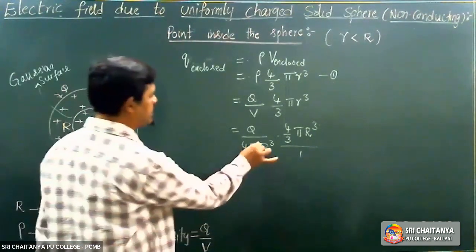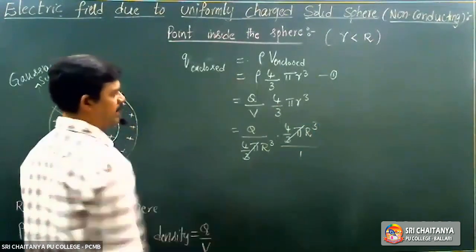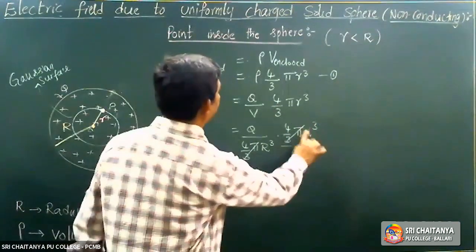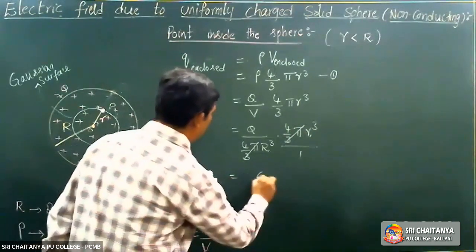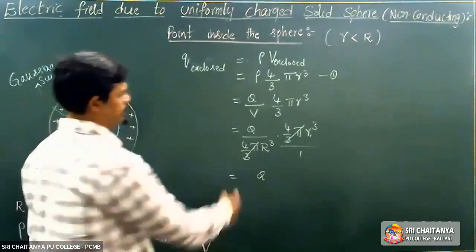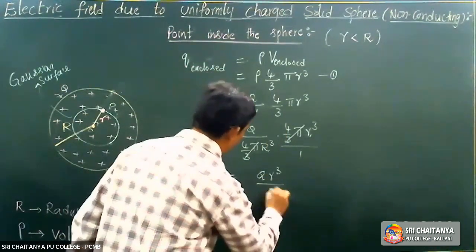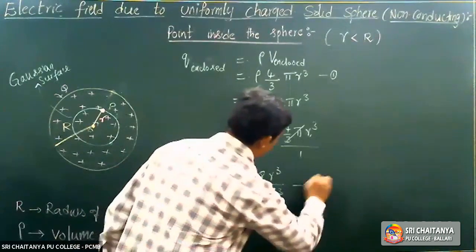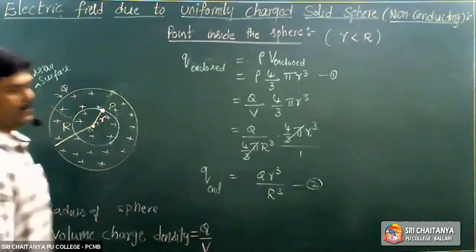What are the cancellations? 4 by 3 pi cancels, and we get Q small r cube by capital R cube. This is Q enclosed, right?